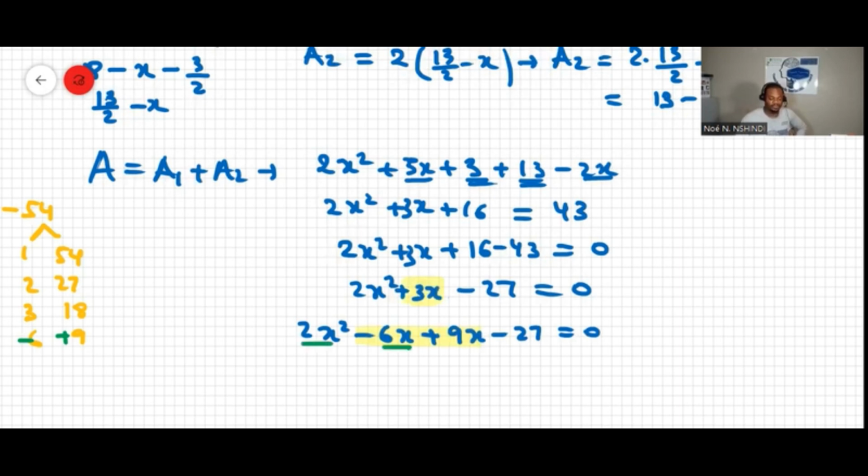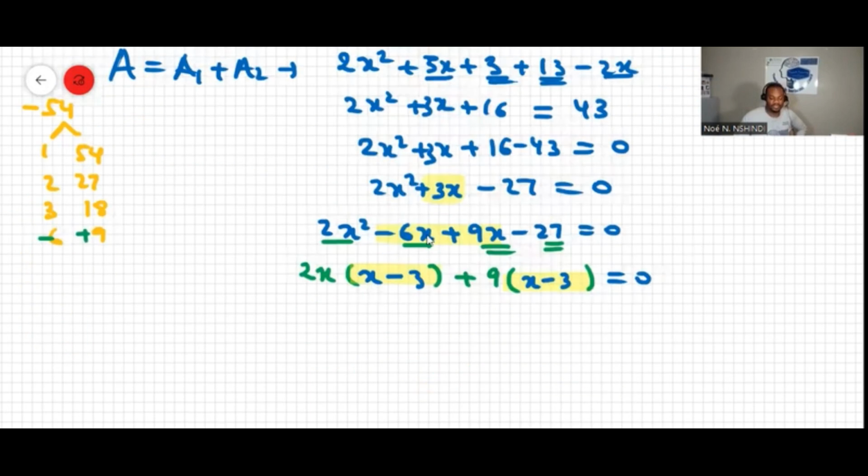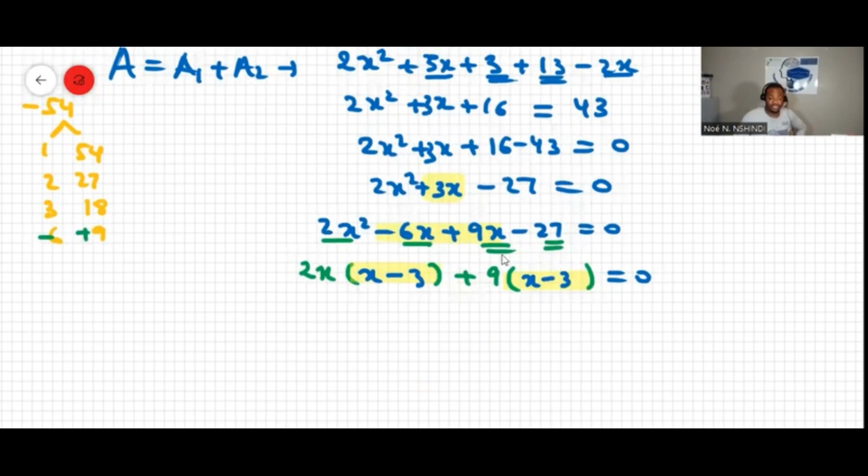We take 2x as common factor from the first two terms, and 9 from the last two. Taking out 2x leaves x minus 3, and taking out 9 leaves x minus 3. Note that we must always have these two common. If they're not common, we factorized wrongly or selected the wrong couple. So this makes 2x plus 9 times x minus 3 equals 0.